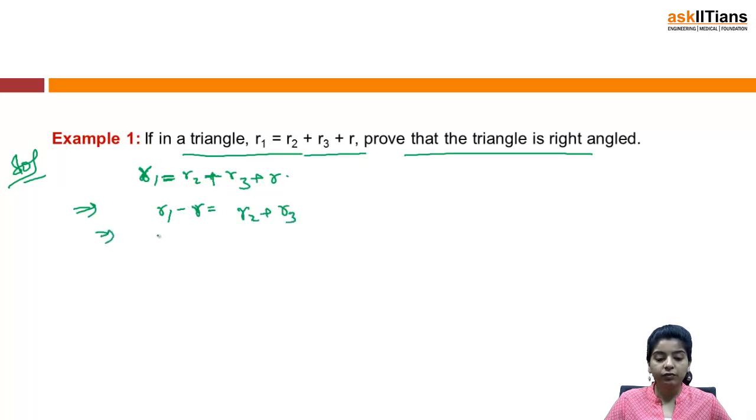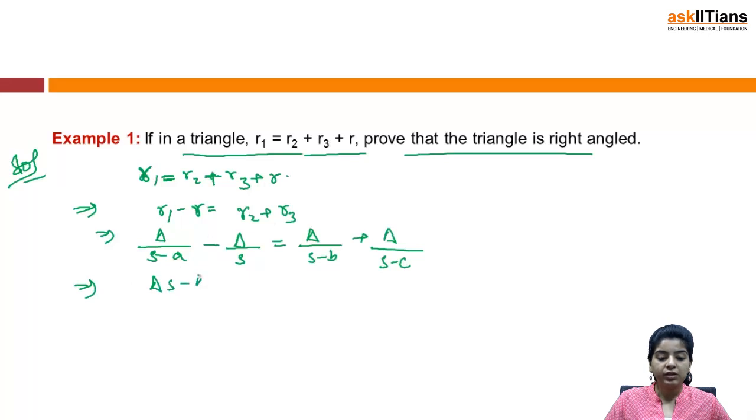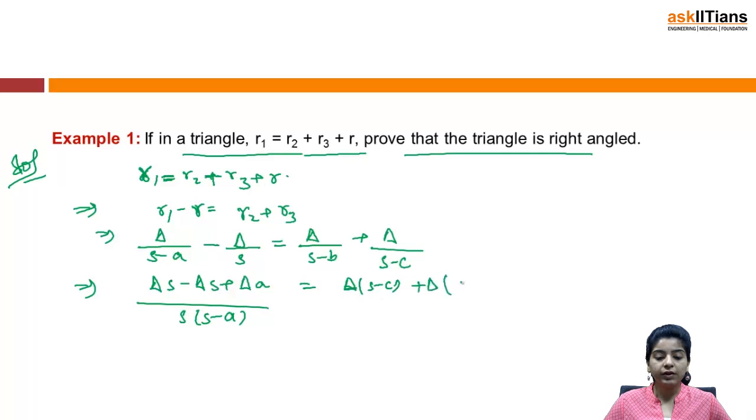Then again we can apply the formula, and we have delta by (s minus a) minus delta by s is equal to delta by (s minus b) plus delta by (s minus c). Just take the LCM. We have delta s minus delta (s minus a) by s(s minus a) is equal to delta of (s minus c) plus delta of (s minus b) by (s minus b)(s minus c).